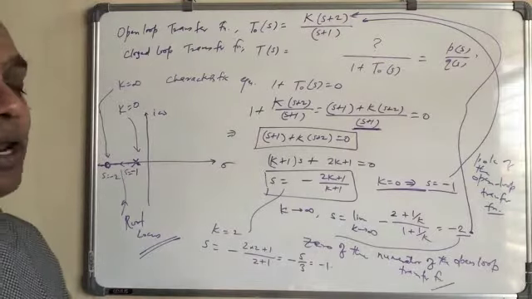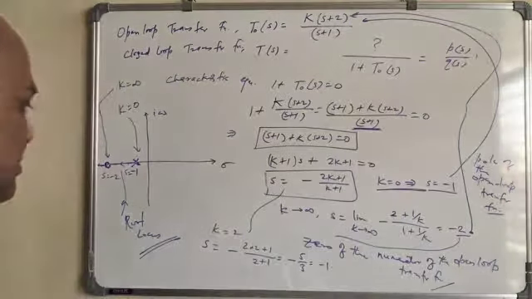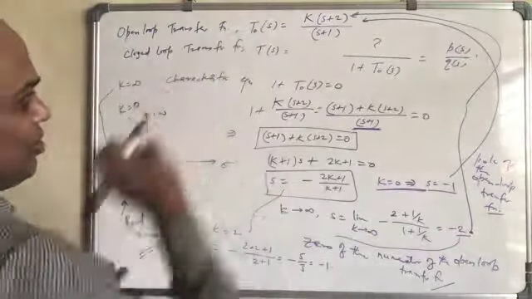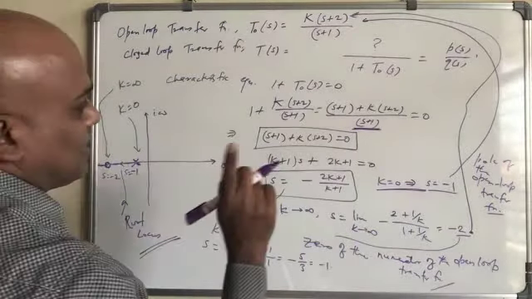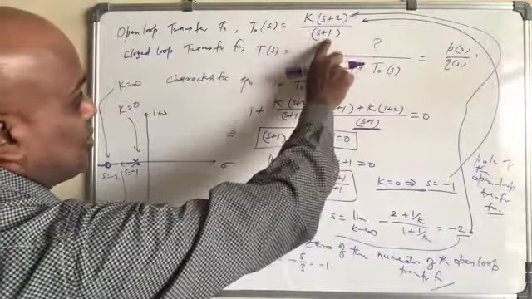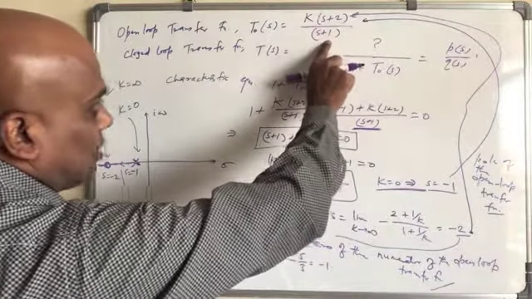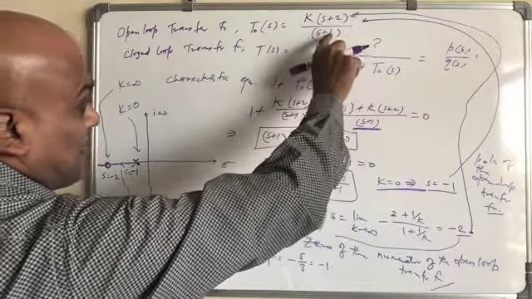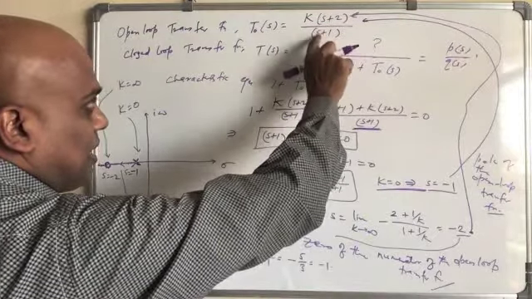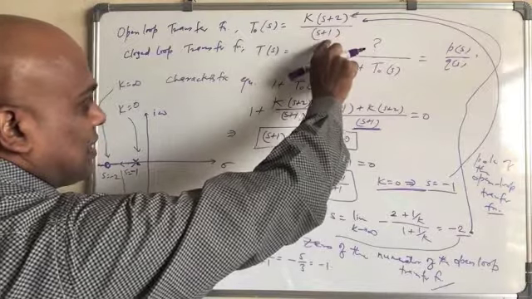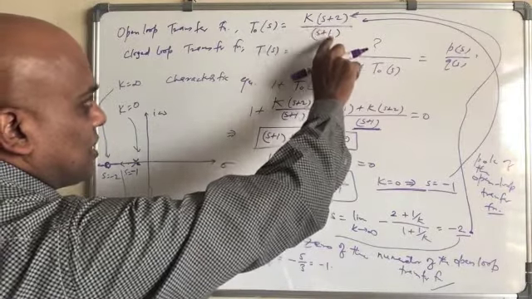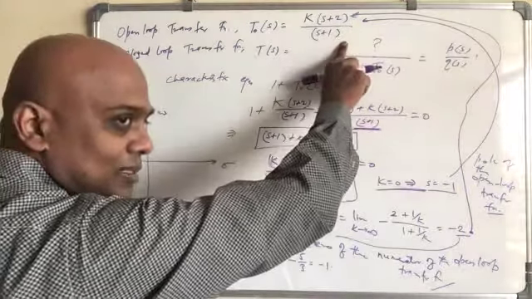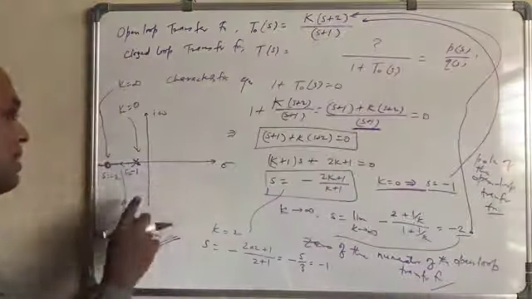So what we learned so far is that the open loop transfer function is important. This gives you a clue. What clue is it giving you? If you make the denominator equal to 0, whatever roots you get, you denote each like a cross.